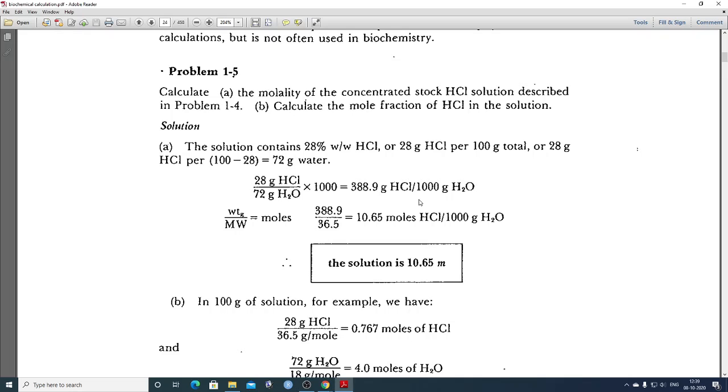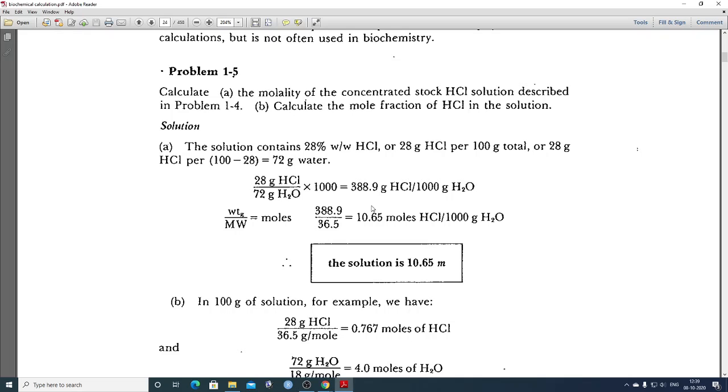It is 388.9 grams of HCl per 1000 gram of water. So for 1000 gram water we have calculated how much HCl will be there: 388.9 gram of HCl. Now we know the formula: weight in grams divided by molecular weight is equal to moles.